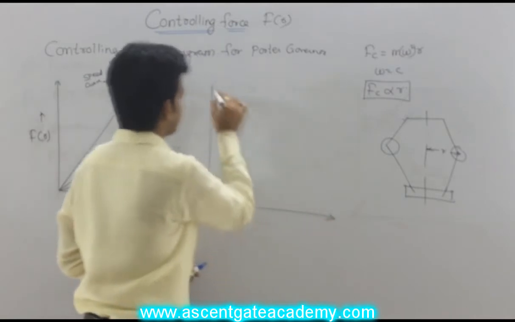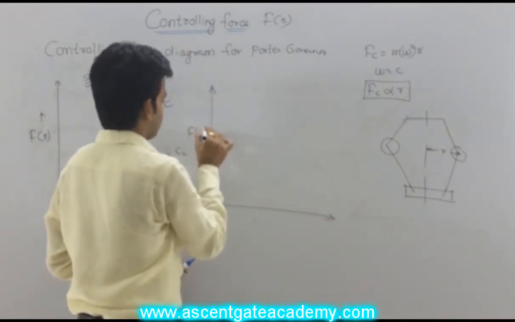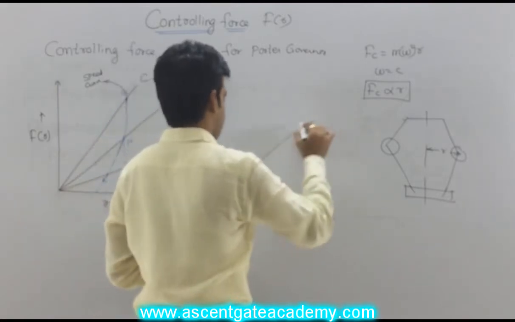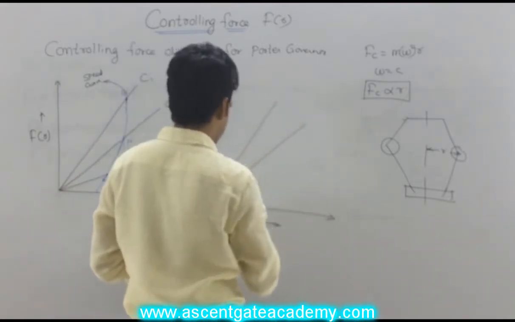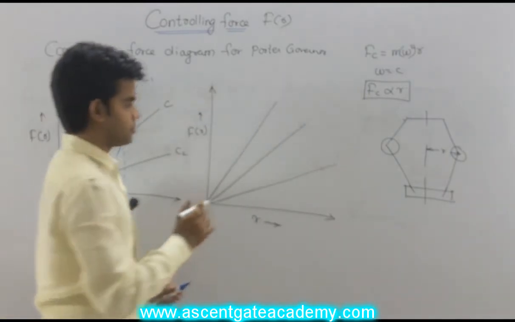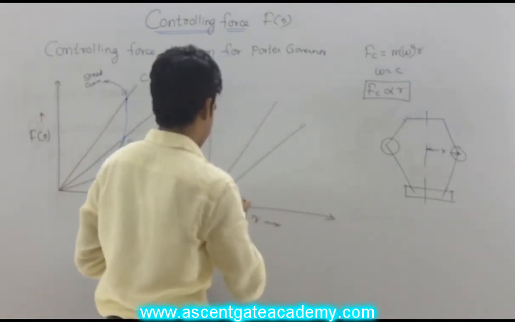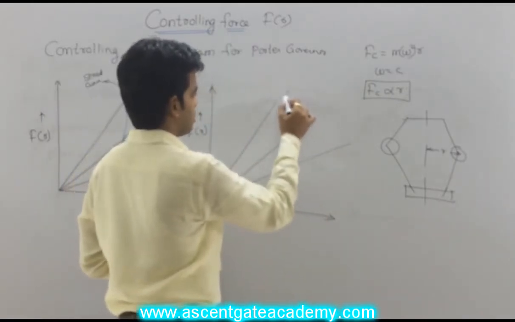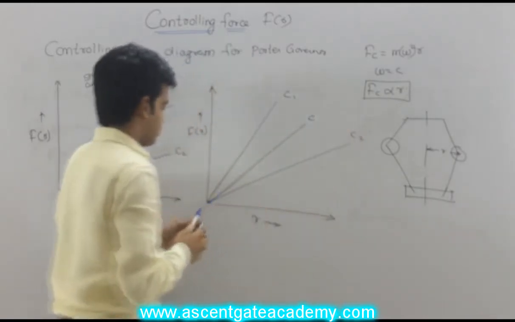Another condition I will take. Graph between controlling force and radius at 3 different speeds. Controlling force, C. Okay.